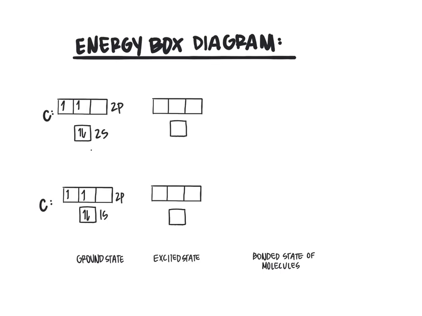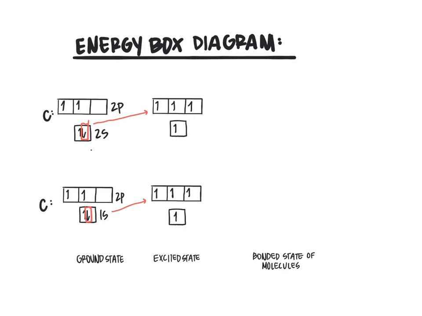And so when the carbons are in an excited state, the electrons get excited. One of the electrons from the 2s orbital gets excited to the 2p orbital. So it's going to be 1, 2, 3, 4. Same for the other carbon.